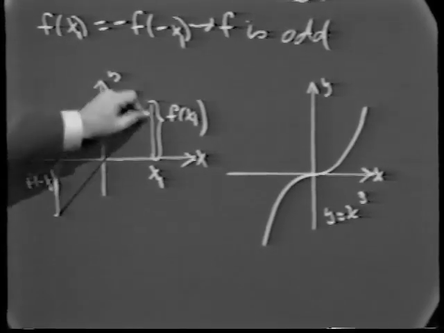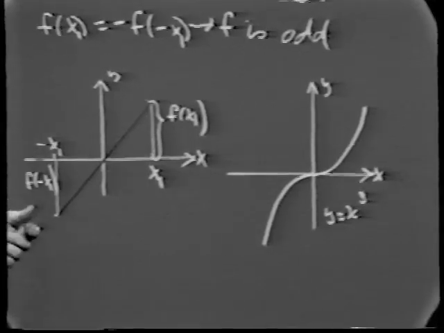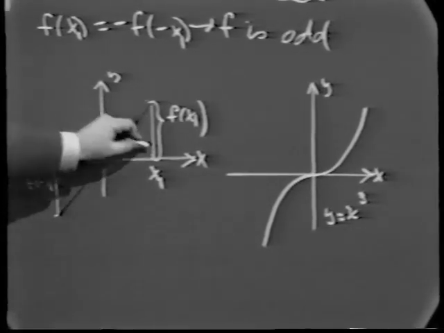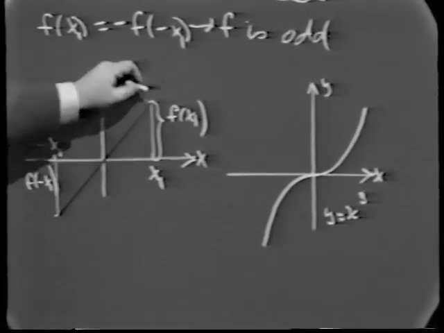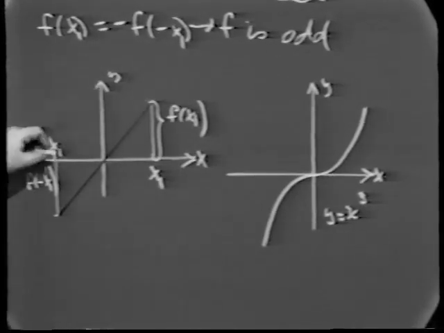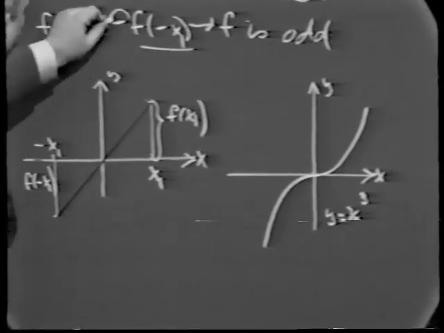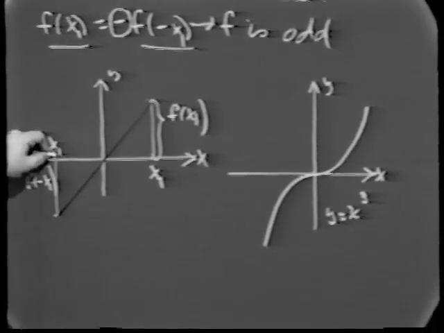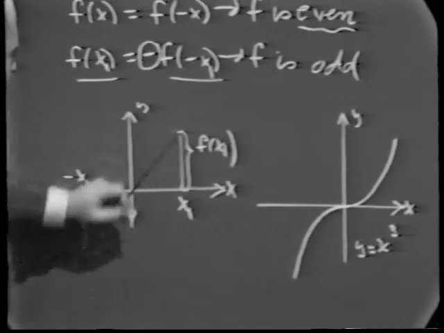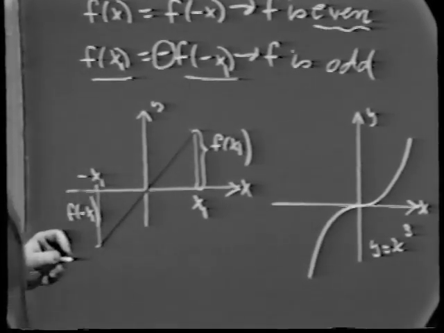That these two lengths are equal but on opposite sides of the x-axis. In other words, here's f of x1. Now what's f of minus x1 is the height corresponding to this point, and the fact that these must be equal in magnitude but opposite in sign says that one of the heights must be above the axis, the other one must be below the axis.